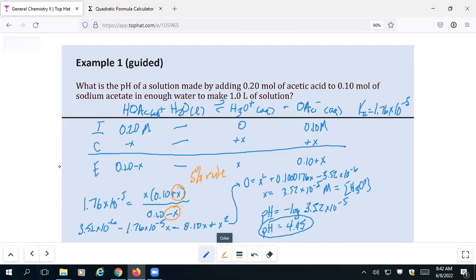So, like I said, you can apply the 5% rule to these kinds of problems as well, if the Ka value is small enough and your concentrations are large enough.